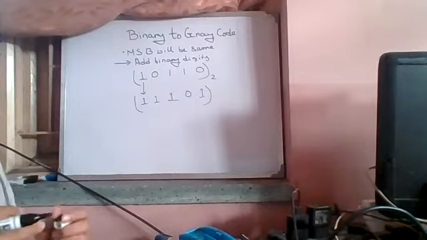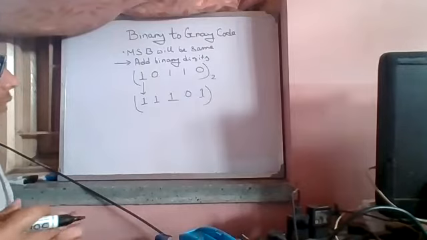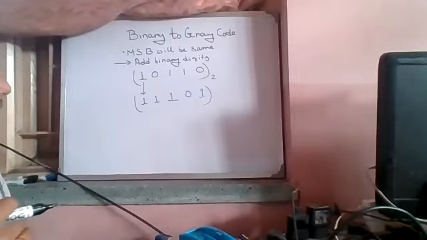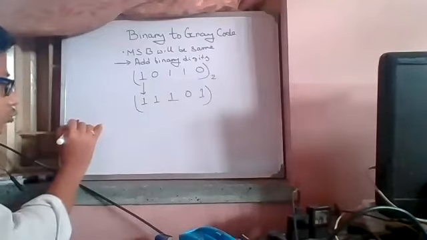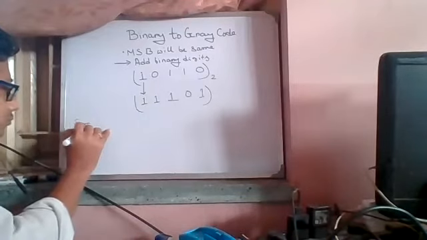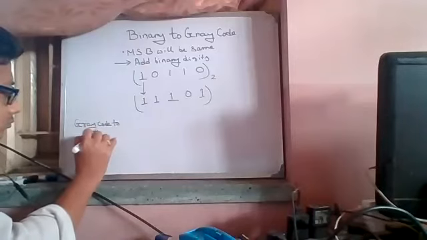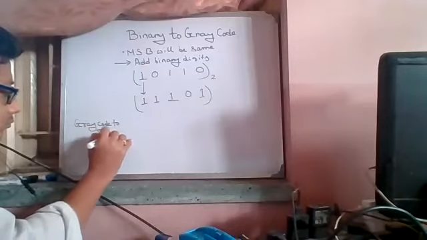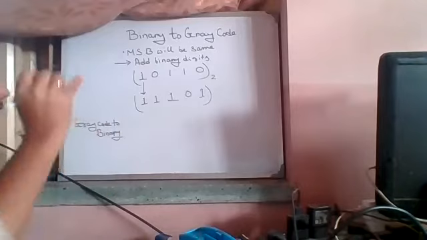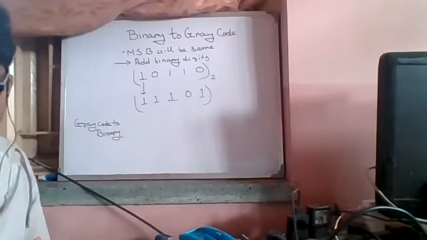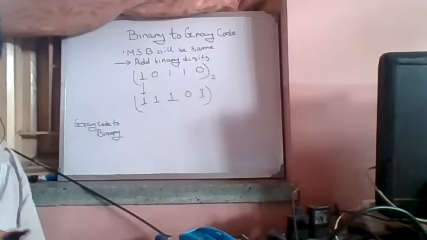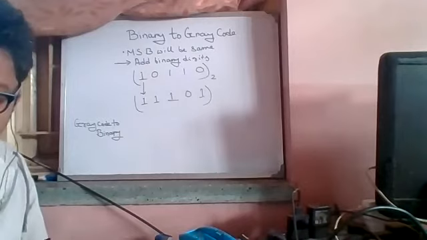Now the reverse one. The reverse one is gray code to binary. Here again the rule is MSB will be same.